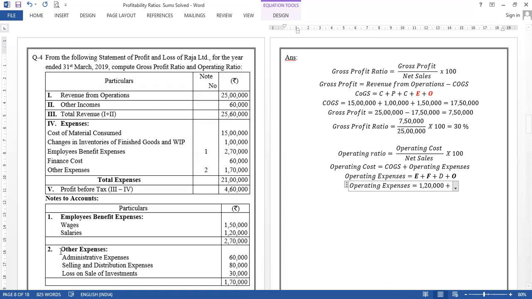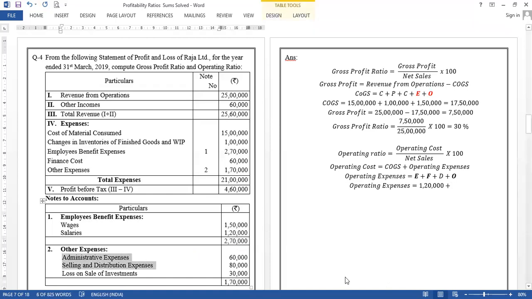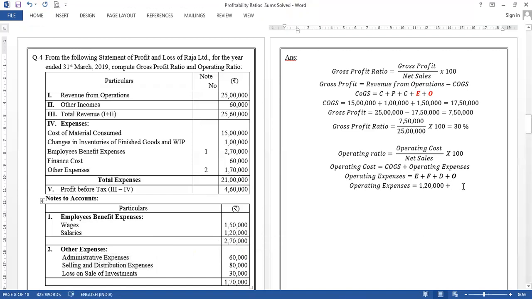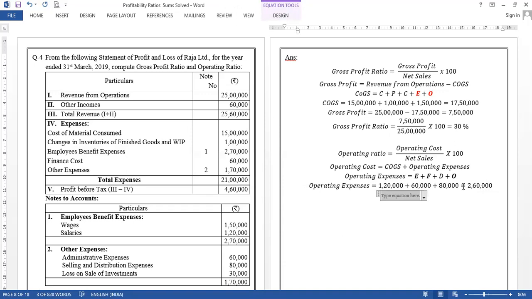Now from other expenses, we need to include administrative expenses and selling and distribution expenses, because loss on sale of investments is non-operating. So I need not look for non-operating, I just need to have operating expenses only. So 60,000 and 80,000. Let me get the total for operating expenses: 1,20,000 plus 60 plus 80. This will be 2,60,000, right?